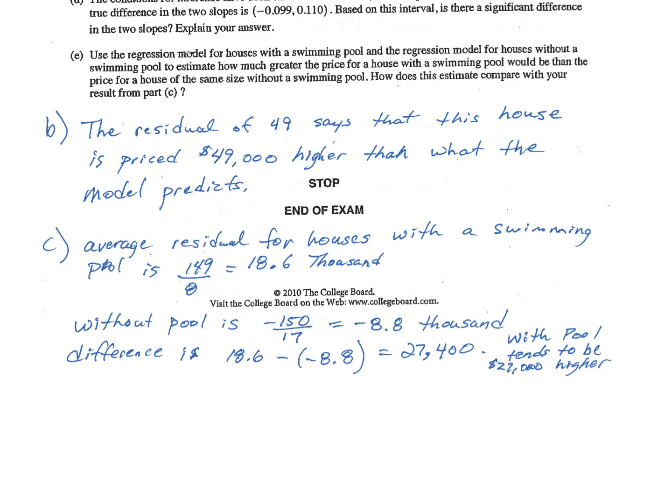If you look at the houses with a swimming pool, the residual is 18.6 thousand. So the houses with a swimming pool generally are priced 18.6 thousand higher than the prediction. Without a pool, it's a negative residual. So those have a price 8.8 thousand below what the model predicts. And if you find the difference, 27,400.